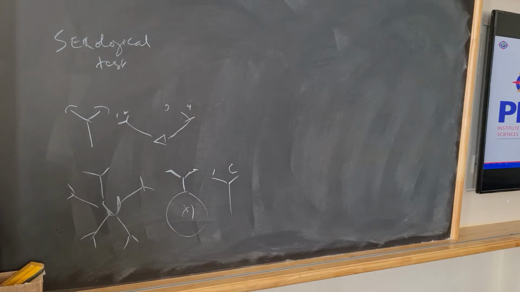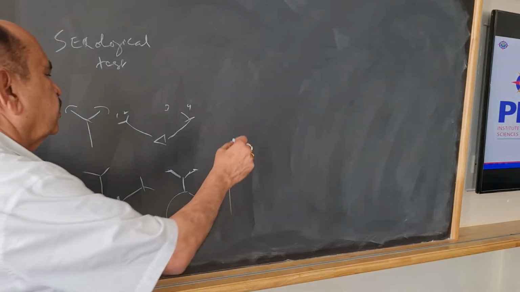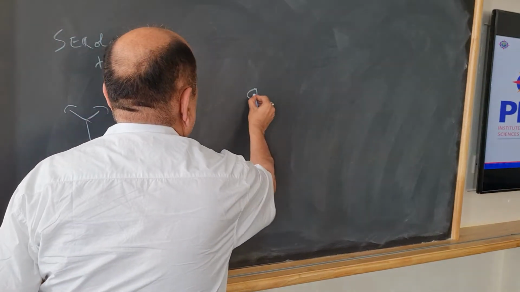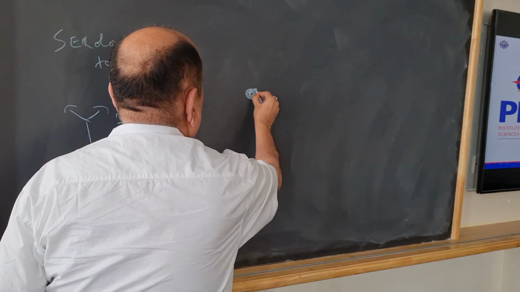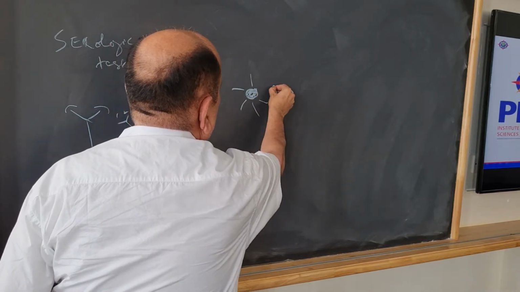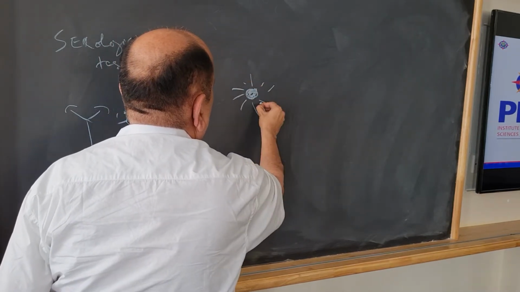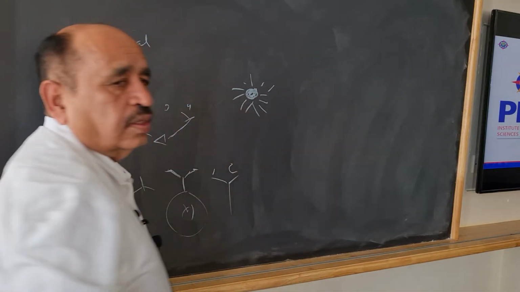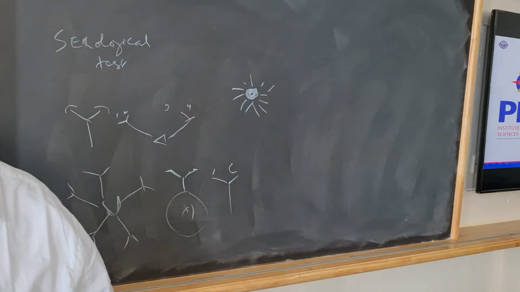These are called antigen combining sites, whereas antigen can combine anywhere it wants.